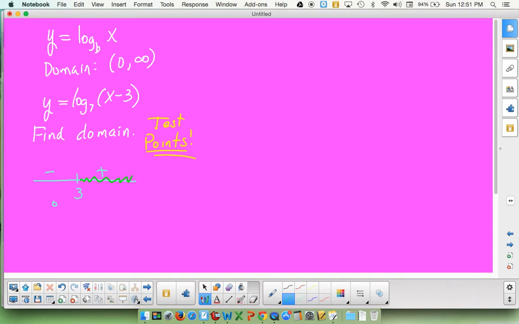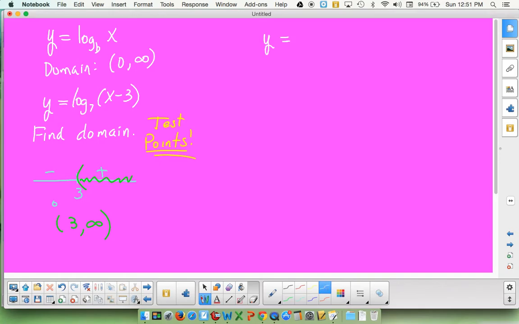Now, can I include 3 or not? Can I have the number that makes it equal 0? And the answer is no, you can't have the log of 0. So this one's just going to be parentheses 3 to infinity. And you've found your domain. Finding domain is not that tricky on a logarithm.